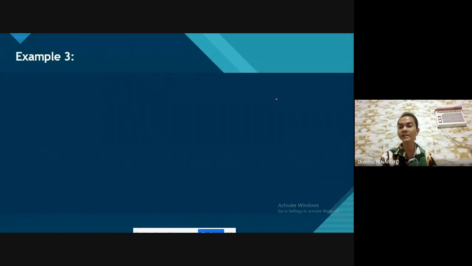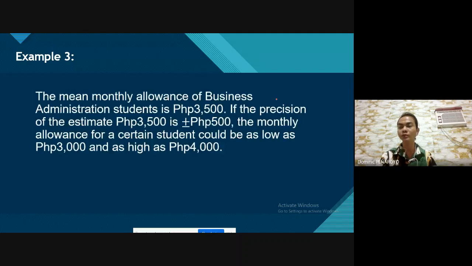All right, now let's have an example to better understand the interval estimate. The mean monthly allowance of business administration students is 3,500. If the precision of the estimate 3,500 is plus or minus 500 pesos, the monthly allowance for a certain student could be as low as 3,000 and as high as 4,000 pesos.